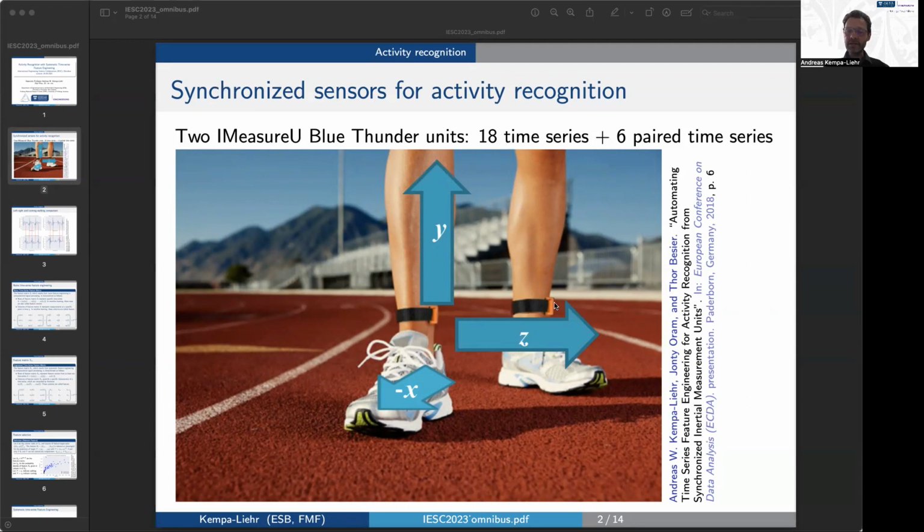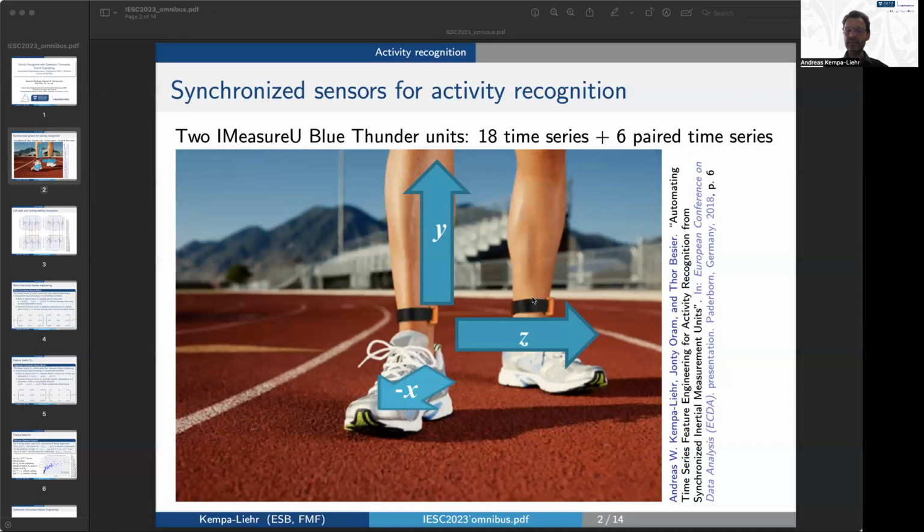And each of these IMUs measures the acceleration in X, Y, and Z direction, the rotational velocity in X, Y, and Z direction, and the magnitude of the magnetic field in these three directions. So this means we've got 9 different time series per IMU system. And due to the fact that the two IMU systems are synchronized, we can also compute the difference of related time series.